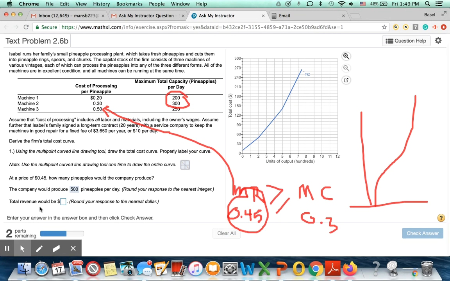Okay, total revenue, TR, is price multiplied by quantity. We're producing 500, that's quantity.